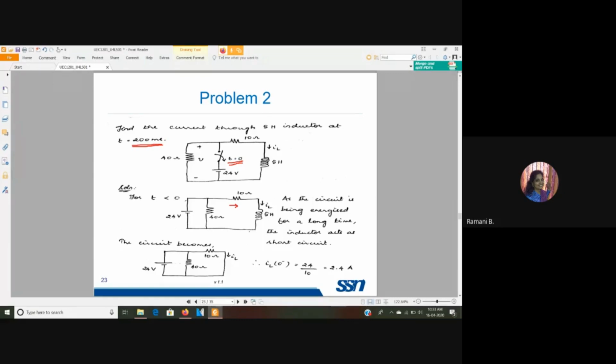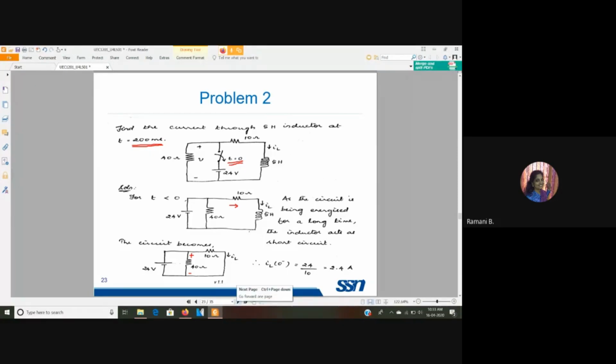You can either find it as this 40 ohm and 10 ohm are in parallel and finding total I, and then you could apply current division rule to find the current through this 10 ohm resistor, or you can directly say as these two are in parallel, here also you are going to have the 24 volt across this 40 ohm resistor. So directly you can say that the IL will be 24 divided by 10. So we have found the initial current in the inductor.